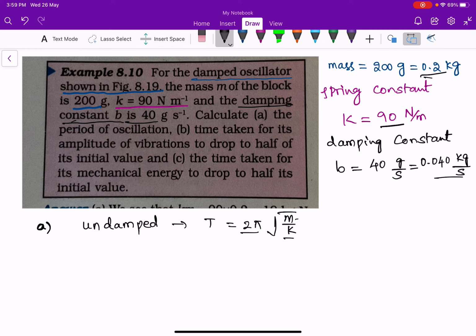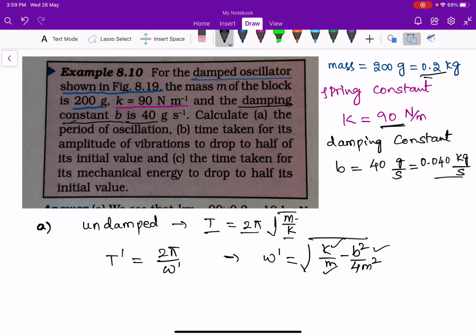So by substituting these values here, we can get the time period for the undamped case. But the time period for the damped case is T dash equal to 2 pi by omega dash, where omega dash equals the square root of k by m minus b squared by 4m squared. Here the k value is given, mass is given, b value is given, and 4 is 4.